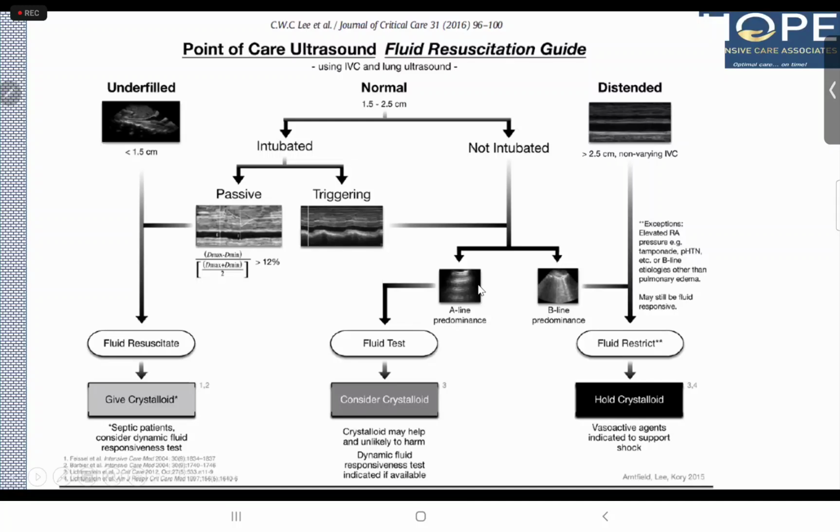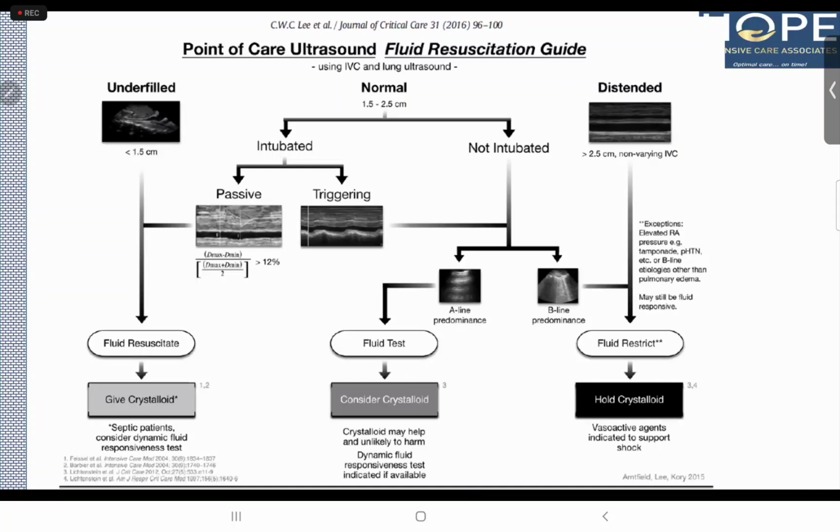If there are A lines and A profile or lung rockets, you can start a very small quantity fluid challenge and see the improvement in hemodynamics. If it doesn't help, or there is already B lines predominance, then you go to the right side, which is fluid restriction.